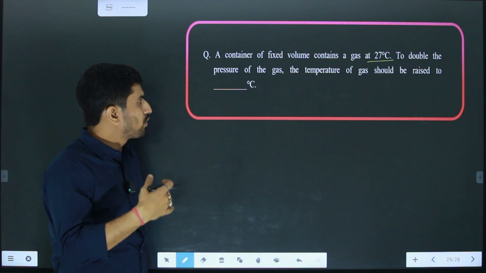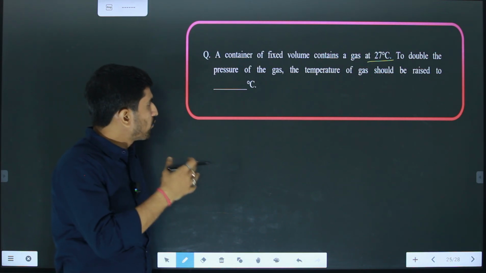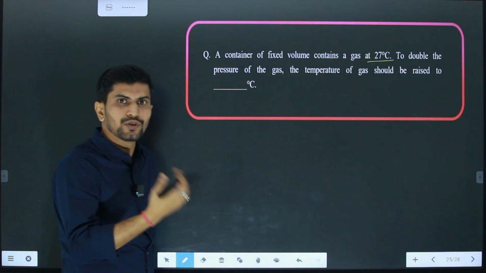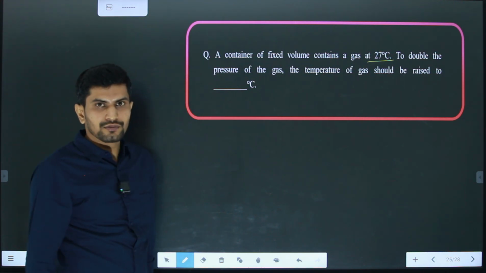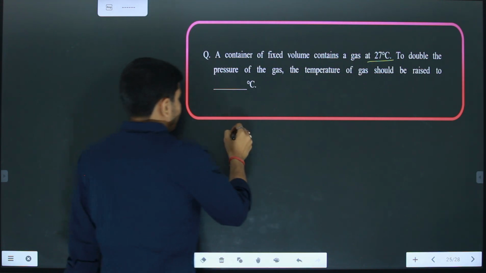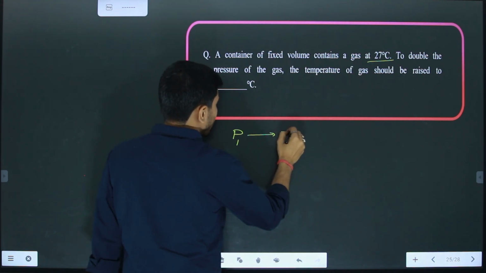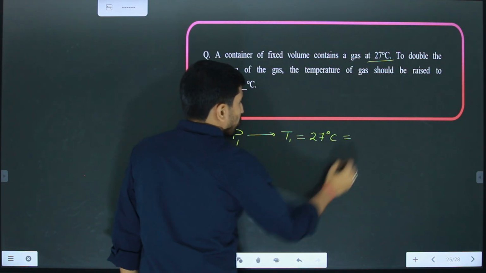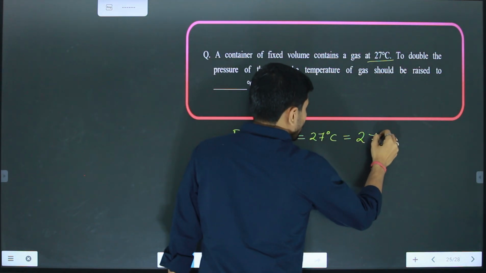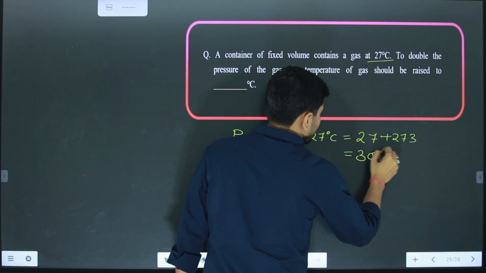By what unit we should increase the temperature, or what should be the temperature corresponding to double pressure? Okay. So when the pressure is, let's say, P1, the temperature is T1, and temperature is 27 degrees centigrade. So if I convert this into absolute value, this will be equal to 300 Kelvin.